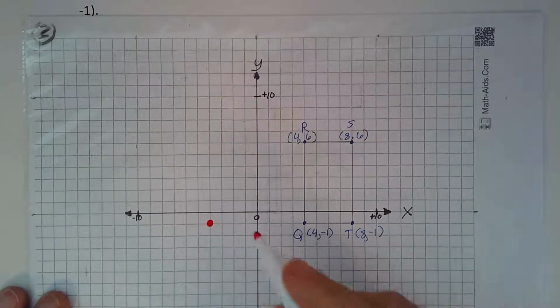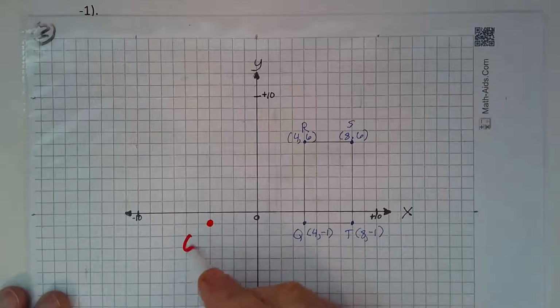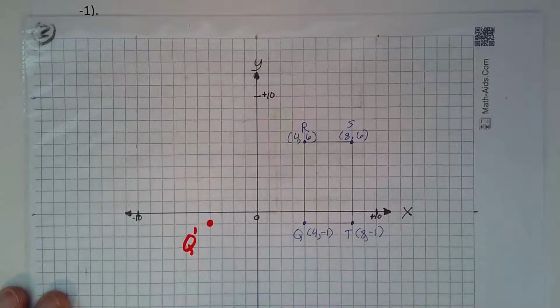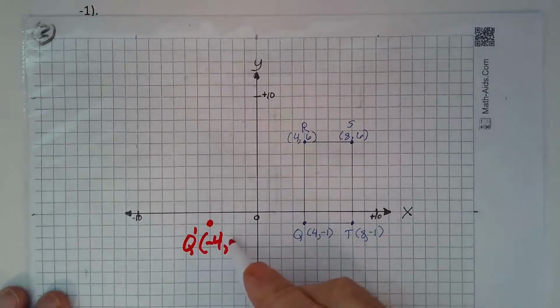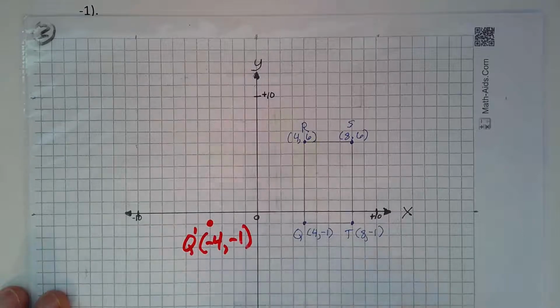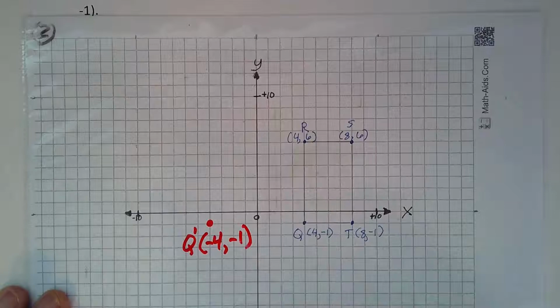So my Q prime is going to be at x is -4, y is -1. Okay? All right. So over here, I would write -4, -1.